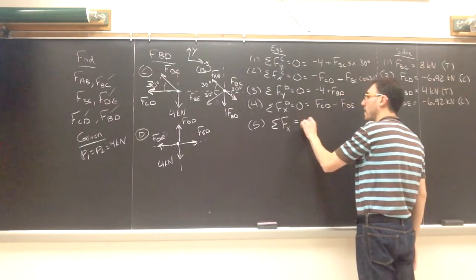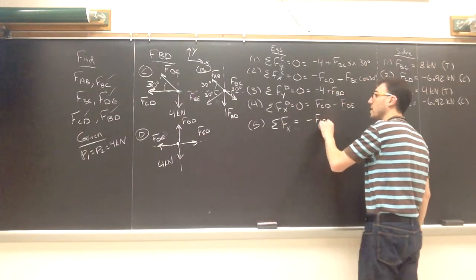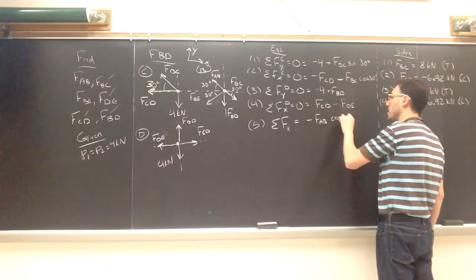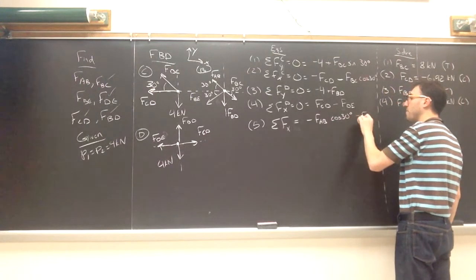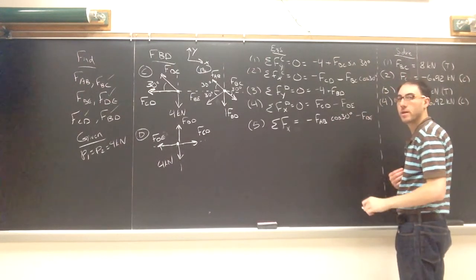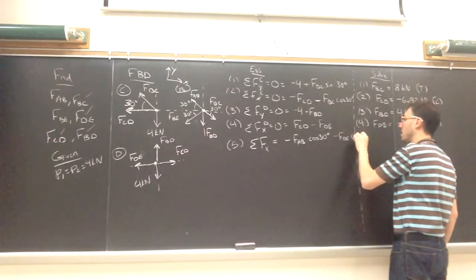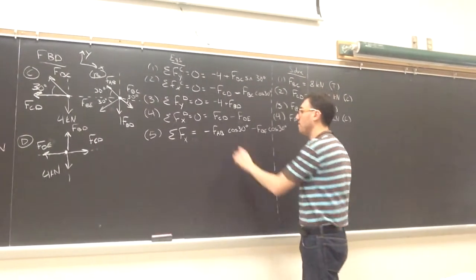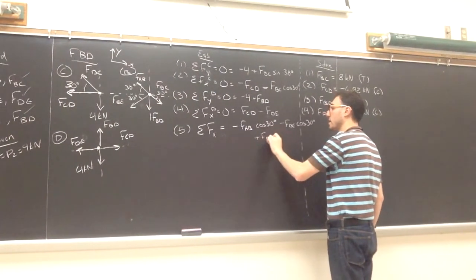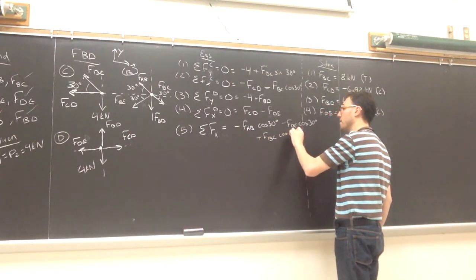In the X direction, I'll have negative FAB cosine 30 minus FBE cosine 30, and I'll have plus FBC cosine 30 as well.